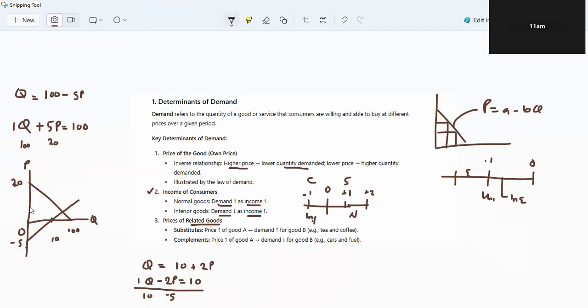Then the point at which demand meets supply is called the equilibrium. What is our demand? Our demand was 100 minus 5P. And what was our supply? 10 plus 2P.